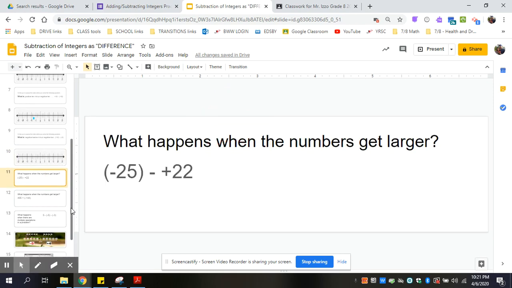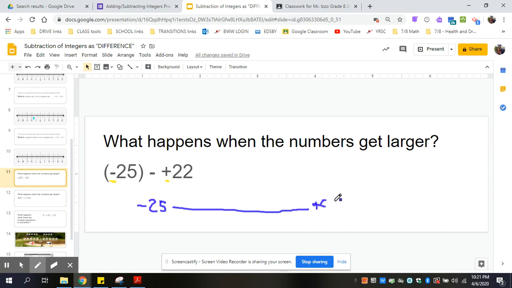What happens, Mr. Itza, when the numbers get larger, when it's not so easy and straightforward? Well, here's a cool tip for you. It doesn't always work, but when I see a question like this, I see a negative and I see a positive. So I know they are going to be on two different ends of the number line across from 0.